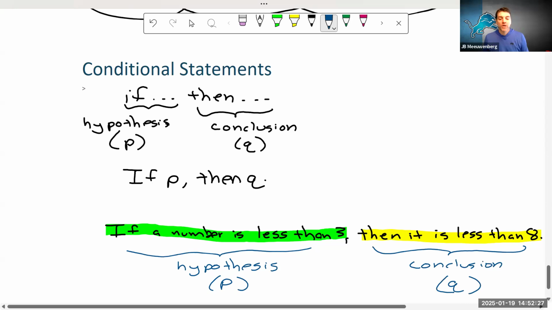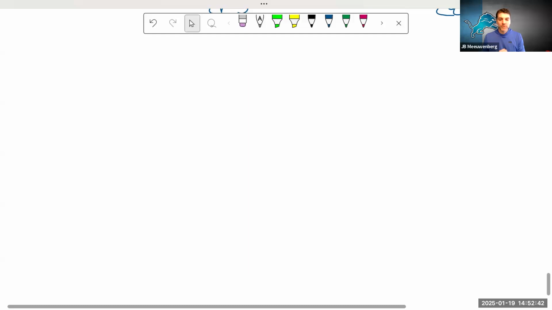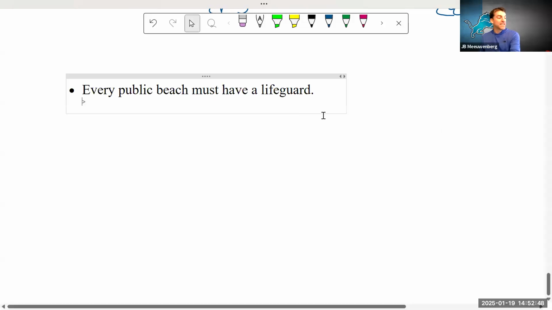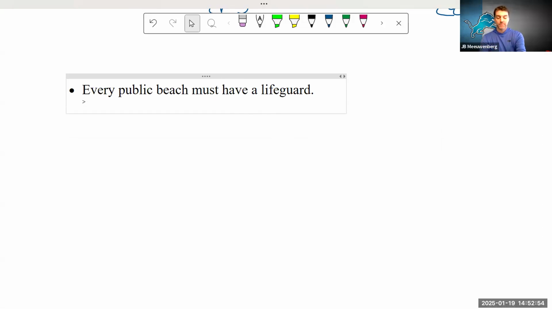So we are going to start with some simple rewriting of conditional statements. They're going to start with a statement. What we're going to do is practice rewriting them as if-then statements. So I'm going to give you a statement, and what you're going to do is rewrite it as a conditional statement. So the first one is, every public beach must have a lifeguard.